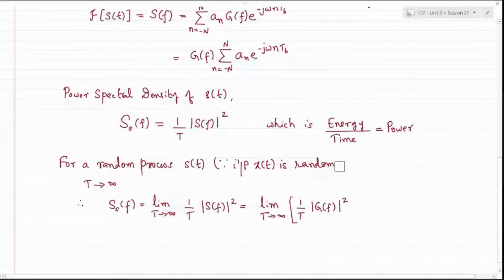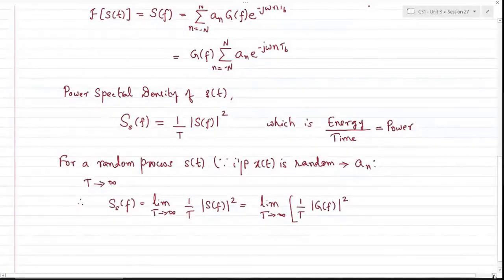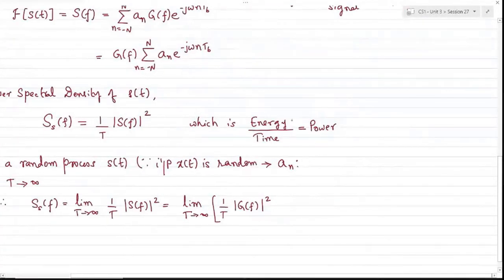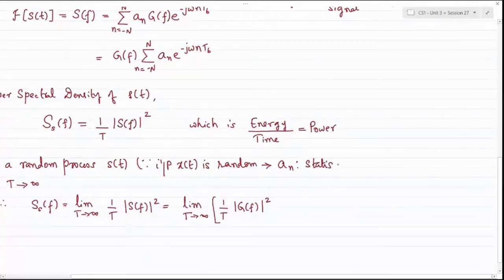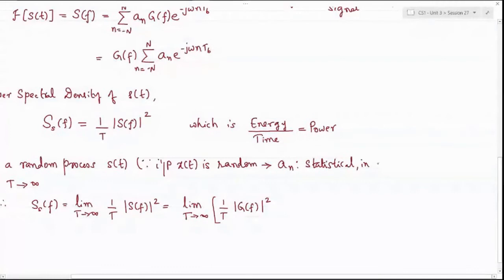That is, if x of t is random, that implies this a n is binary. As you know, these are the bits. It could be just ones and zeros. So each of these bits could be ones and zeros, and hence this a n is statistical, and of course with infinite period.